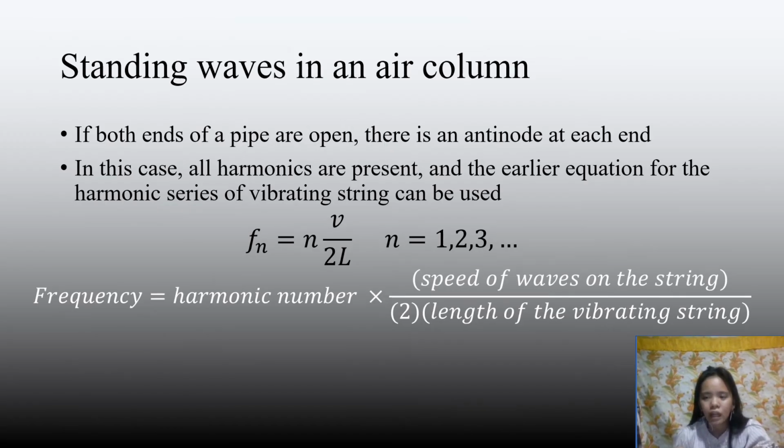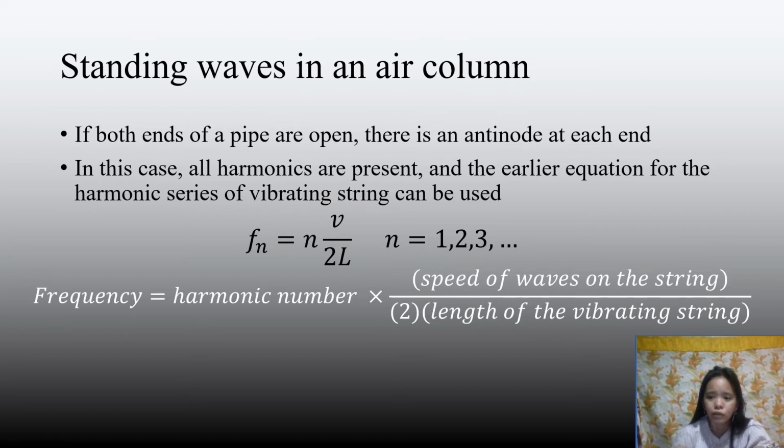Next, let's talk about standing waves in an air column. In an air column, if both ends of the pipe are open, all harmonics are generally present, and the earlier equation for the harmonic series of a vibrating string can be used the same way.